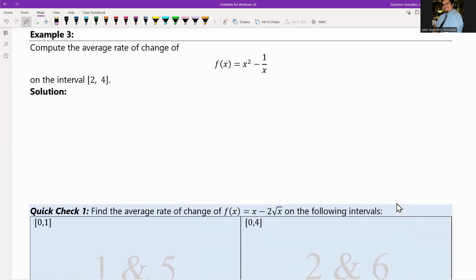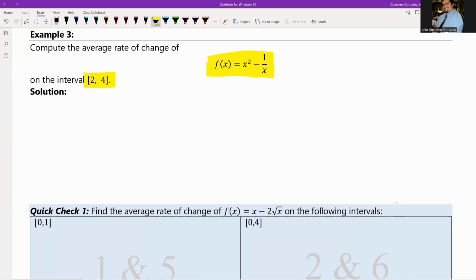So compute the average rate of change of this function right here on the interval 2, 4. In this case, we have a function, and there's going to be a need for us to actually compute stuff out here.